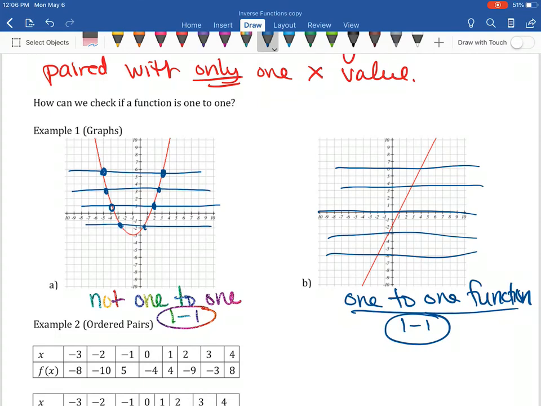So remember, the inverse is when you switch those x's and the y's. So if you have more than one x for each y, and you switch your x's and your y's, then you're going to have more than one y for each x. And if that happens, then that inverse is no longer going to be a function.